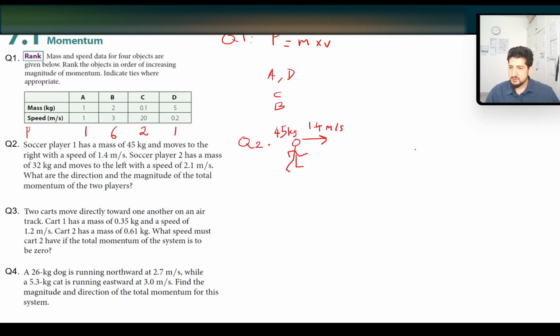Soccer player 2 has a mass of 32 kg and moves to the left with a speed of 2.1 meters per second.